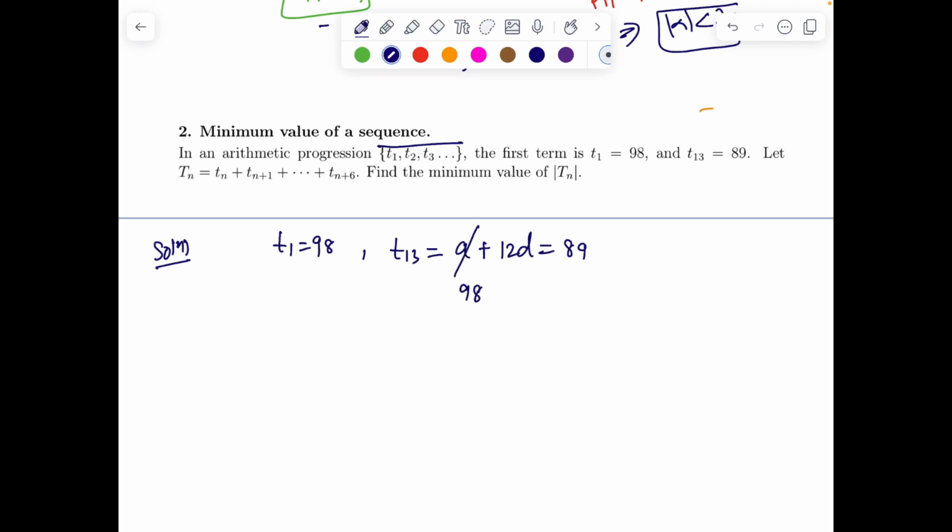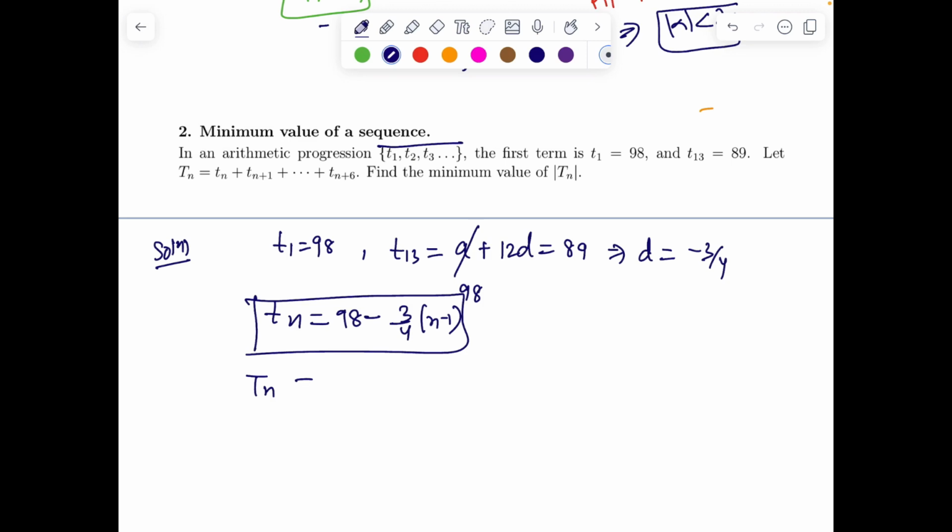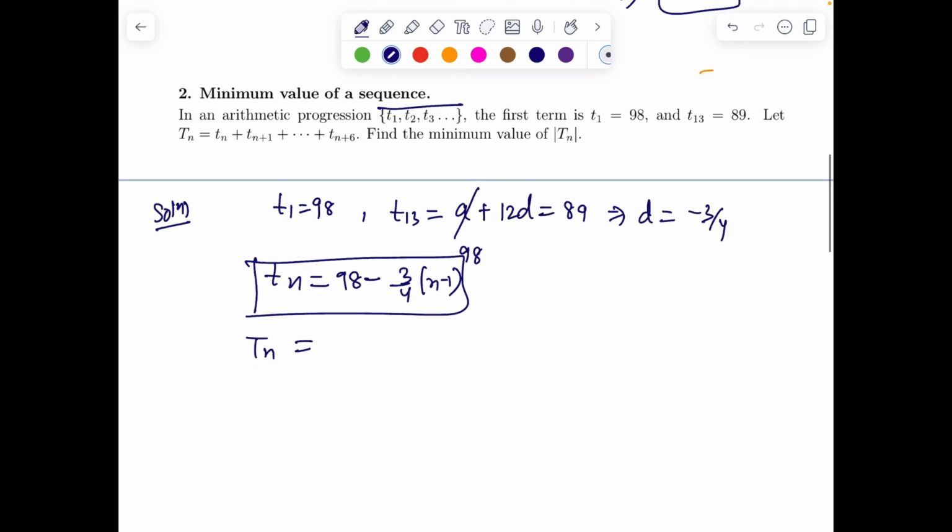So from here immediately we can find the common difference to be minus 3 by 4. So I have a general term Tn, which is 98 minus 3 by 4 times n minus 1.